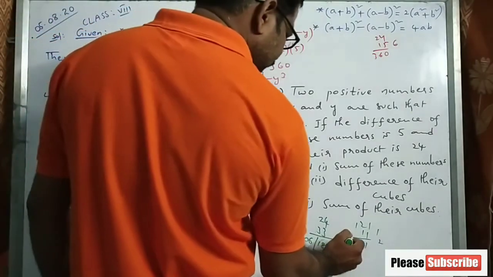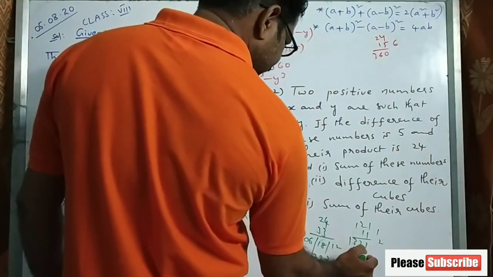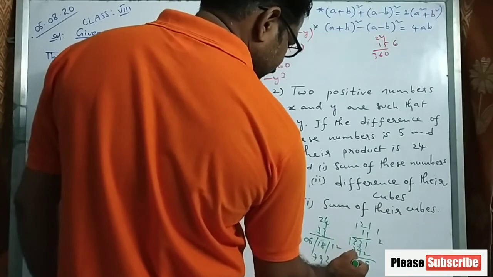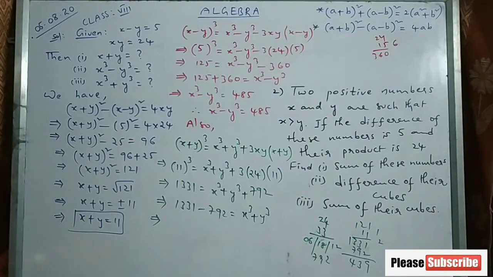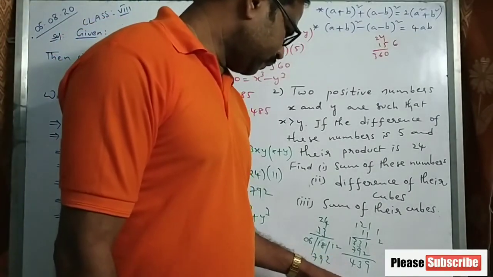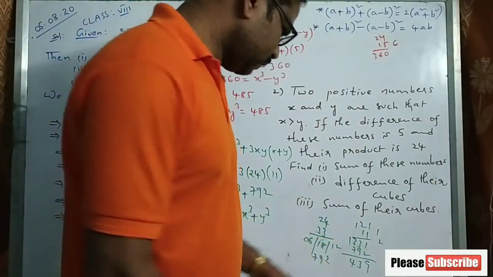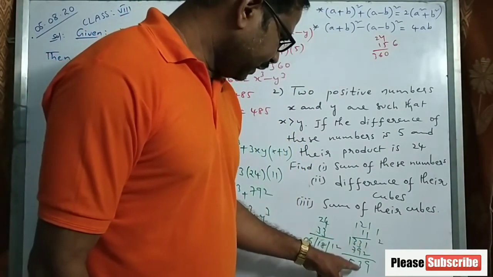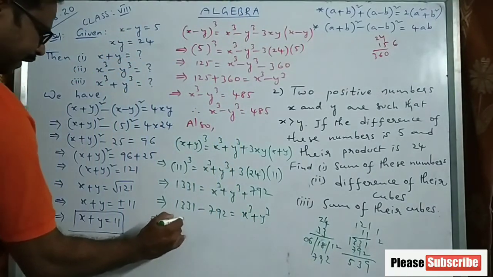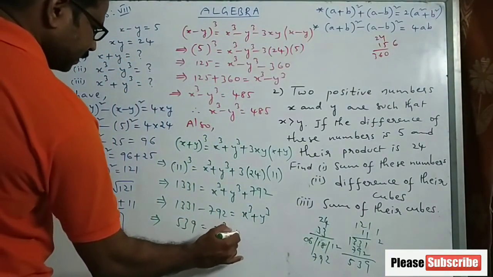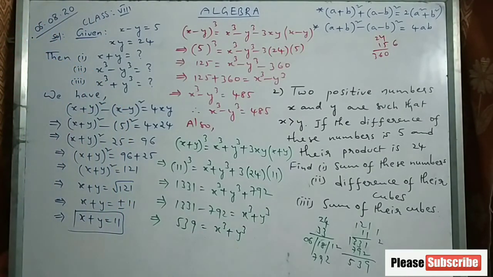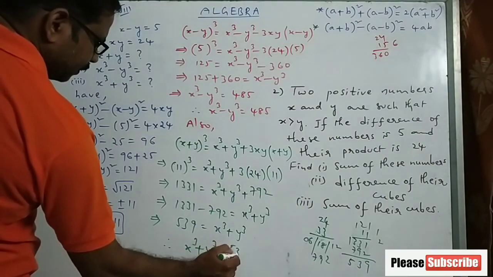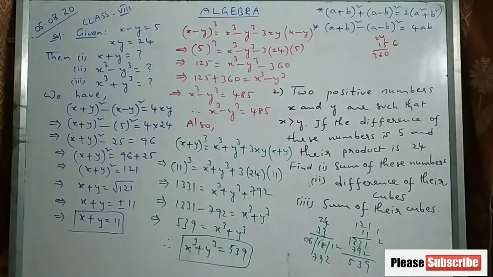So how much will you get? 1331 minus 792 is 539. Therefore x cube plus y cube equals 539. That is the end of the solution.